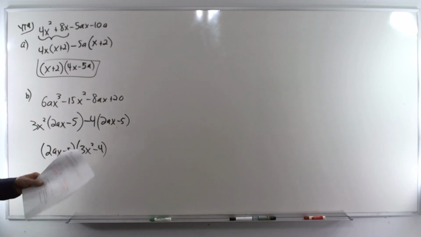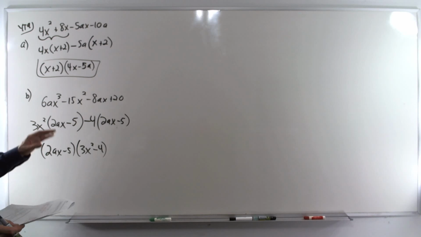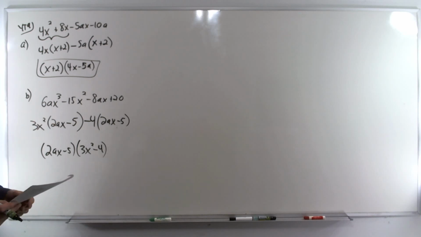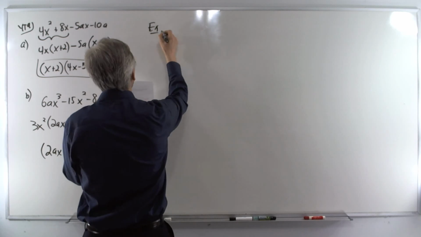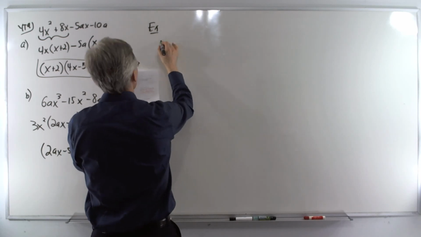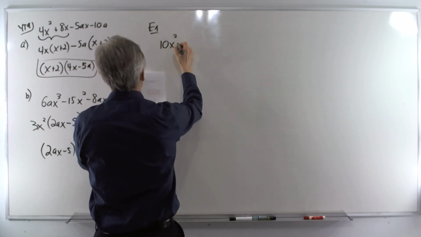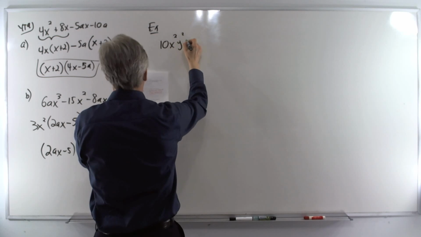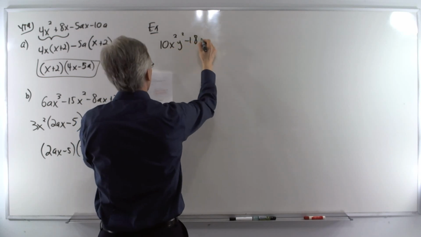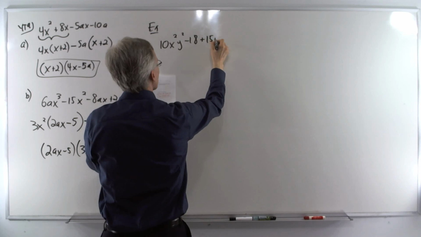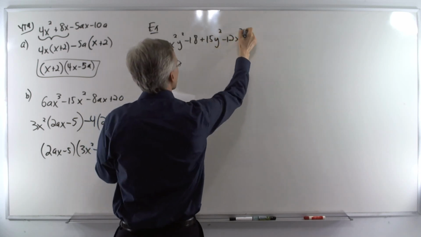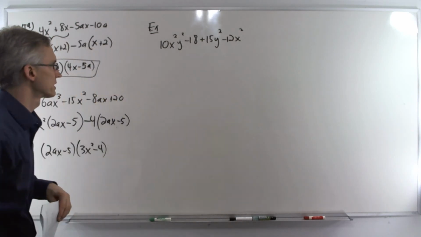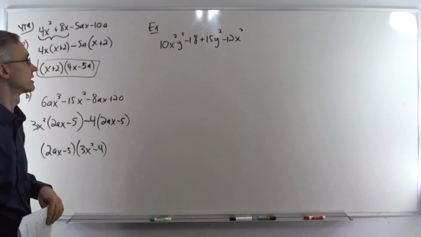Now, not every 4-term polynomial can be factored as presented. Sometimes you're going to need to rearrange these things. So let's say we try to factor this as is.